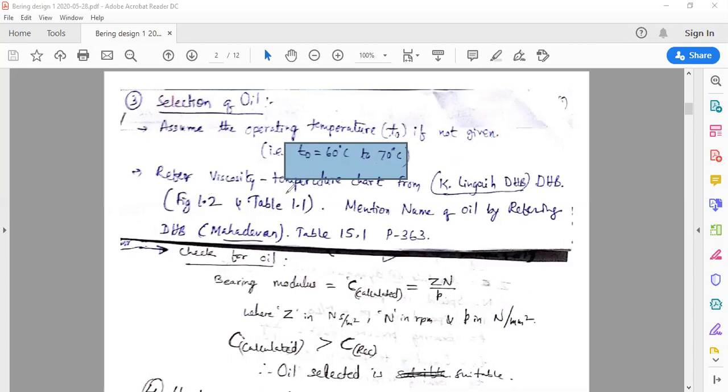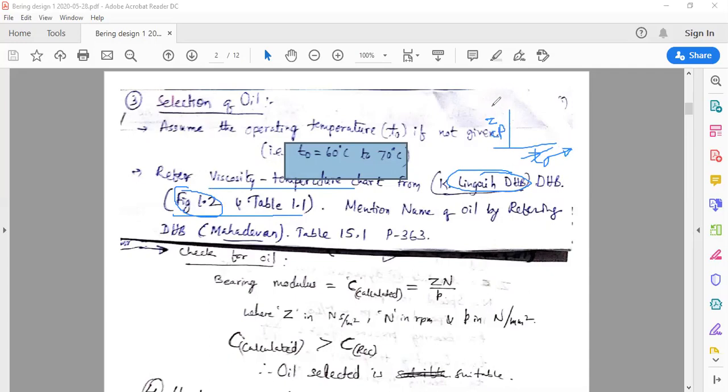And with respect to that operating temperature, we have to refer to the Lingaya Data Handbook, and in that, figure number 1.2, which is the viscosity versus temperature chart. Along the abscissa the operating temperature is recorded, and along the ordinate Z, which is in centipoise.